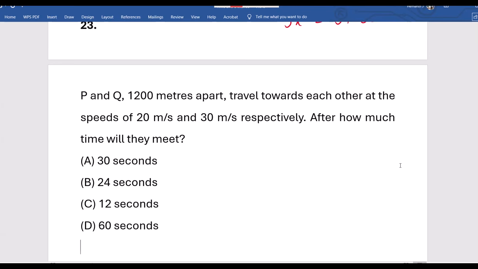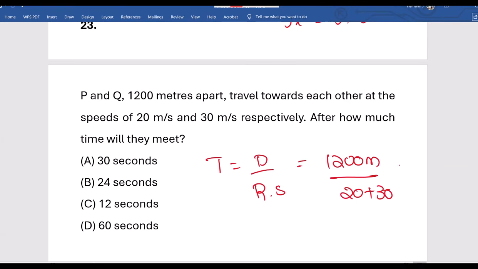What is here? Travels towards each other. Now see, here timings are not given, which means you can apply directly. Time is distance by relative speed, 1200 meters. Speeds must be added, right? So answer is 24 seconds. It's a straightforward question.